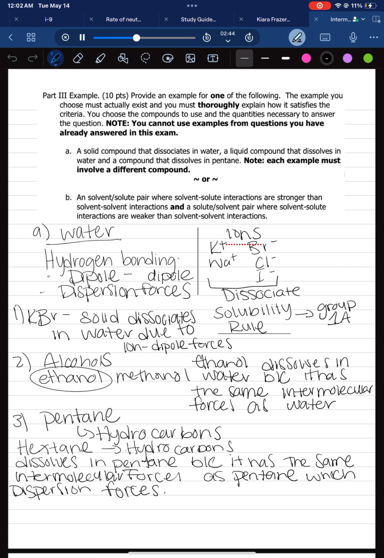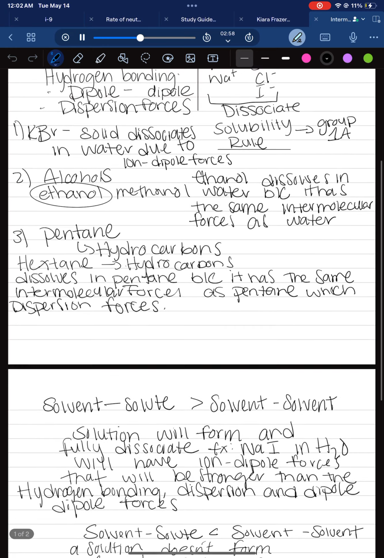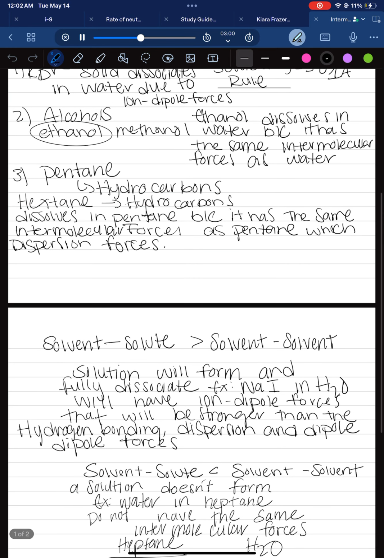And I'm going to say hectane can be an example because it also contains hydrocarbons and it only has dispersion forces. So, I'm going to say that hectane dissolves in pentane because it has the same intermolecular forces as pentane, which is dispersion forces.